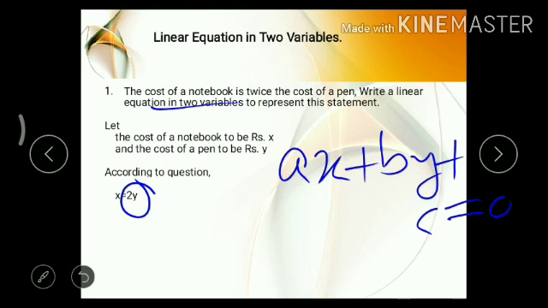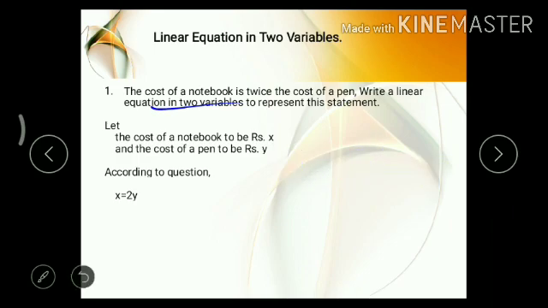Right now twice y is positive, so on coming to this side it becomes x minus twice y is equal to 0. This is the representation of the above statement, and this is a linear equation. I hope you have learned its representation.